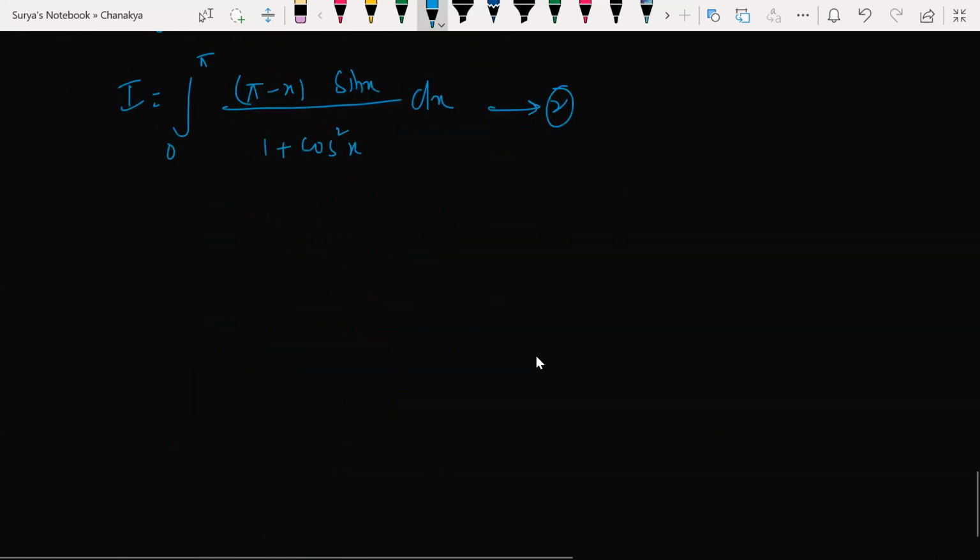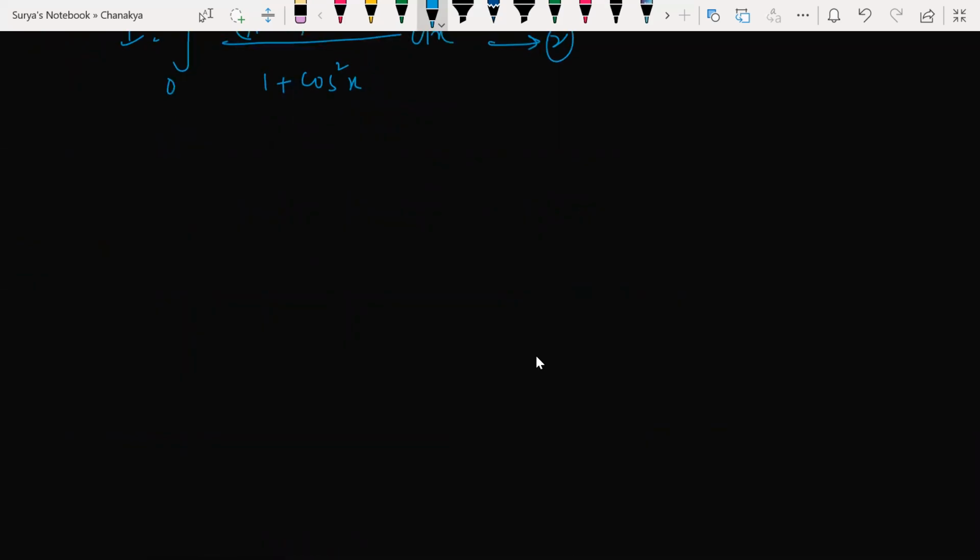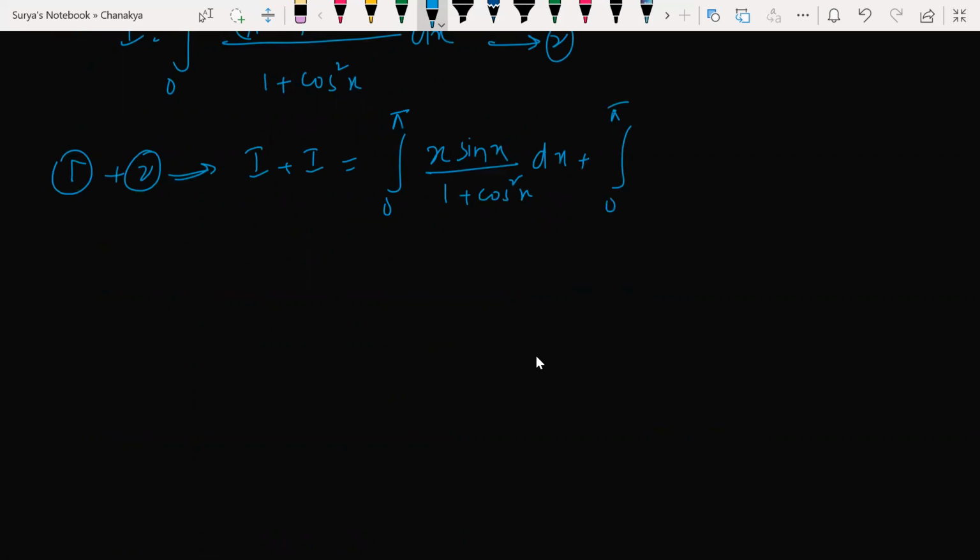What I do here is add them. Adding 1 and 2 gives I plus I equal to the integral from 0 to pi of x sin x divided by 1 plus cos square x dx plus the integral from 0 to pi of (pi minus x) sin x divided by 1 plus cos square x dx. Both denominators are the same, so I plus I becomes 2I.